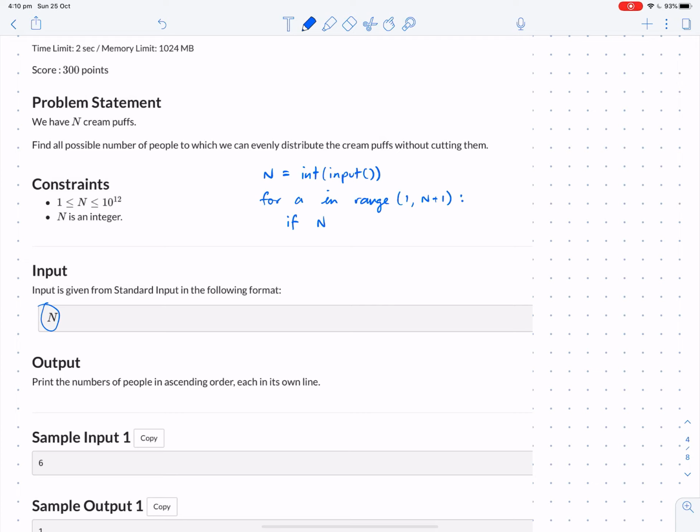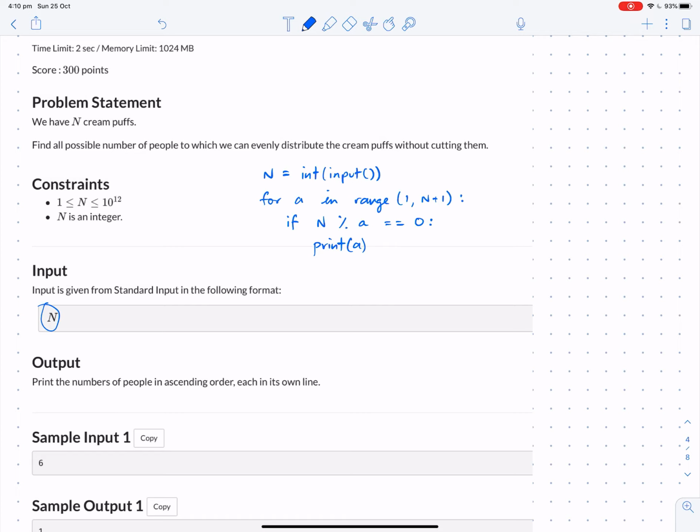If capital N mod A is 0, then that means A is a factor. Print A. Okay, so that is a correct implementation for this problem.